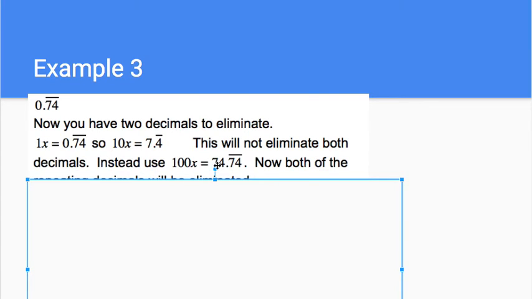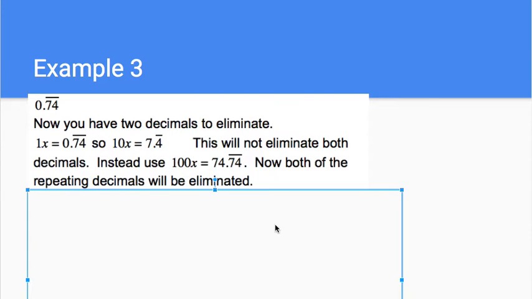So instead of using 10x, I'm going to use 100x. Move that decimal over 2 times. So 0.74747474, multiply that by 100. So this becomes 100x, and this becomes, move my decimal point 2 places, 74.74747474. So now both of my repeating decimals will be eliminated.